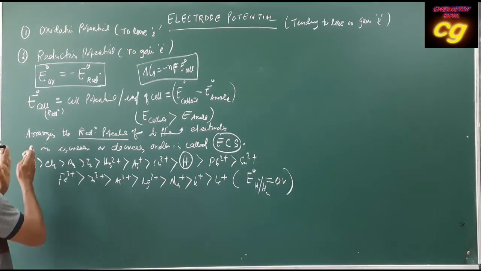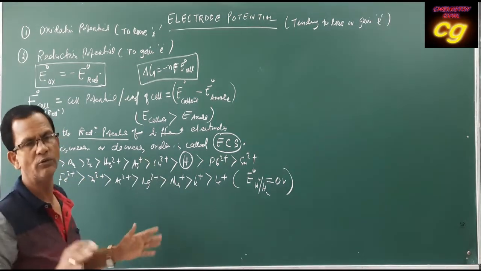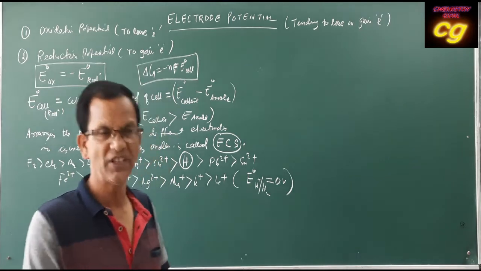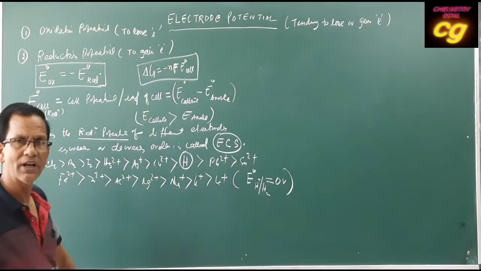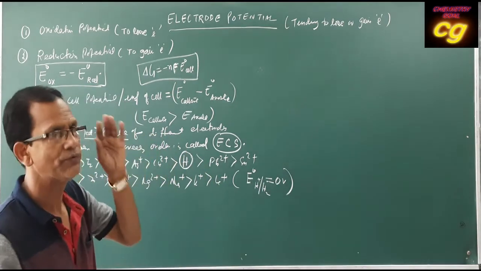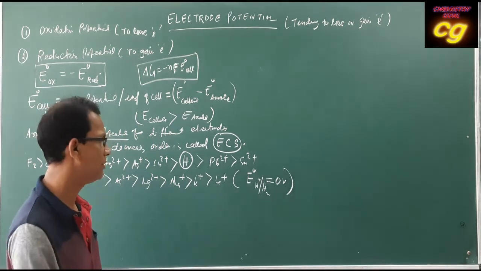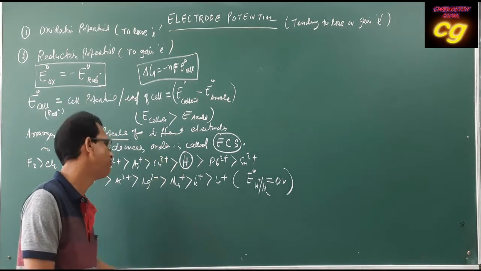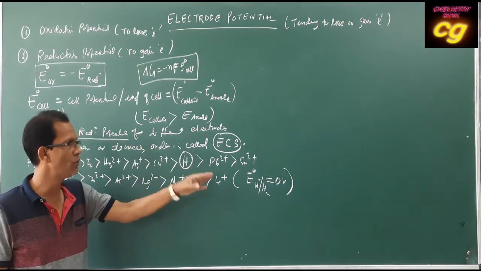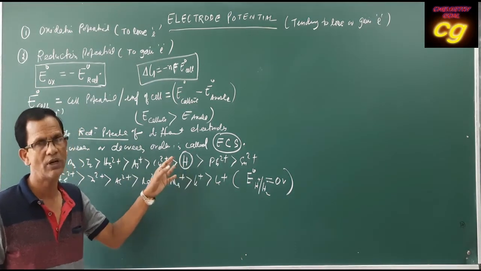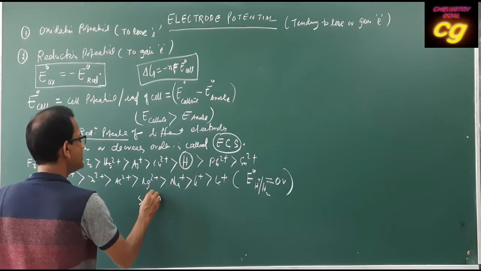When you connect any two half cells, you get a complete cell, an electrochemical or galvanic cell. So each one is considered a half cell for a particular cell.